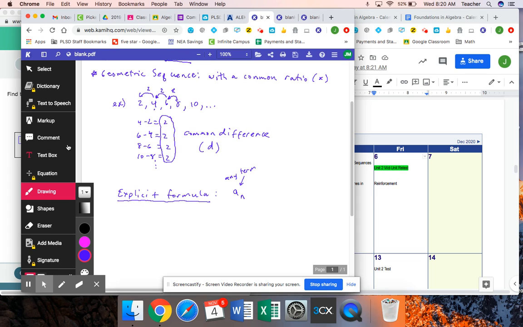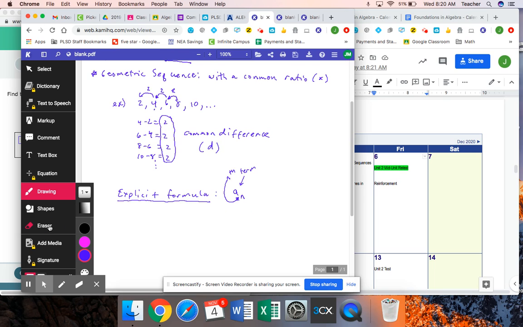What you might hear people say is not "any term," you'll hear them say the nth term. That means whatever the number is here and here. See that n?